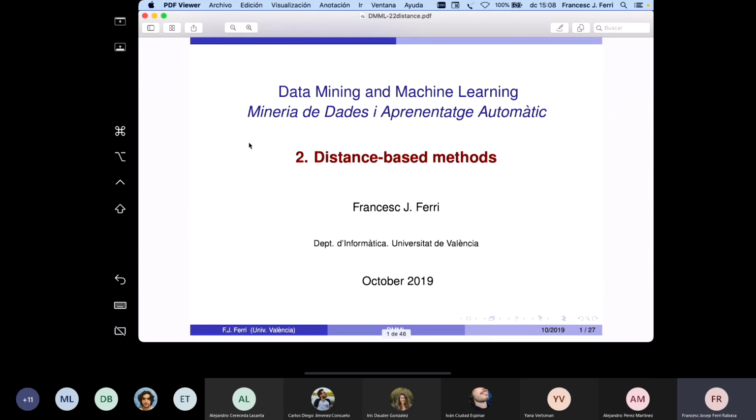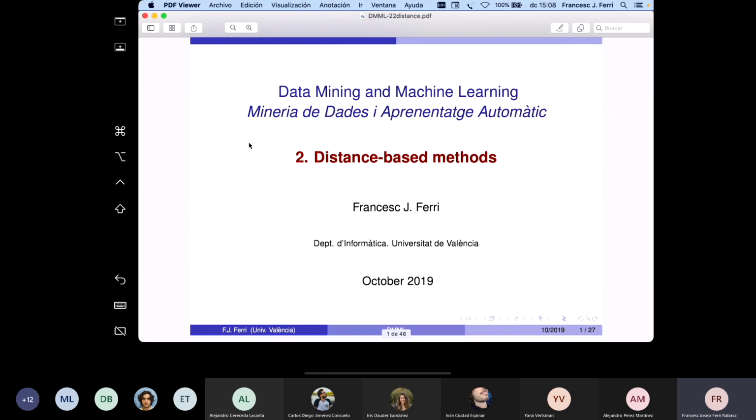Following a rather different approach, we are going to introduce what we call distance-based methods. Take into account that in some cases, for example, in the Gaussian case, we related the classifiers to the concept of distance, in that case, the Mahalanobis distance.